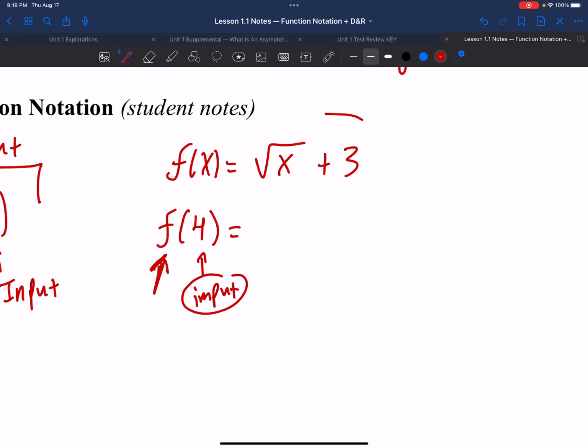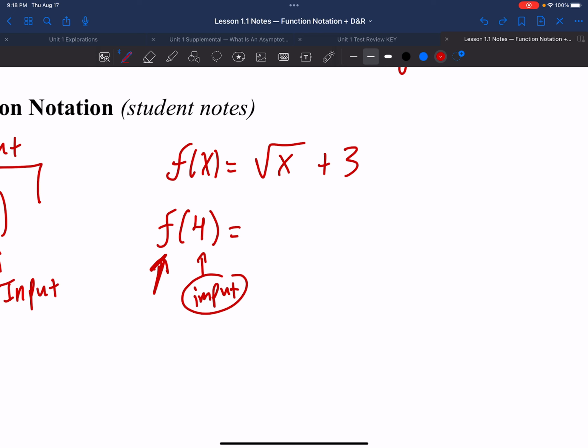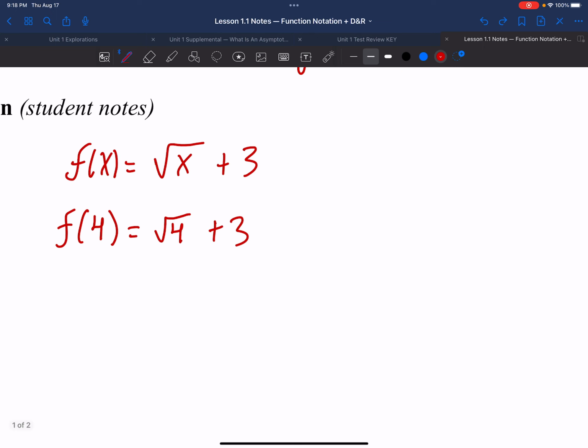And f is this relationship, this equation. So f of 4 is the square root of 4 plus 3, because x was the input. This was some element of the domain, and I'm choosing 4, so I put 4 in. Now, it's very easy to evaluate this. What's the square root of 4? We say it's 2. We do 2 plus 3, we get 5. Okay, fantastic.